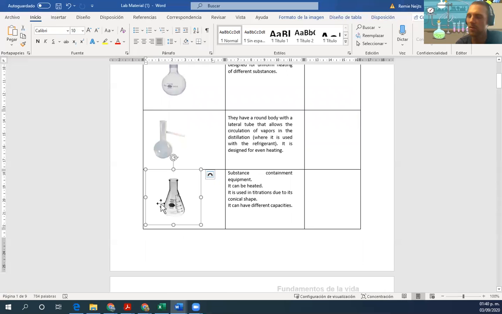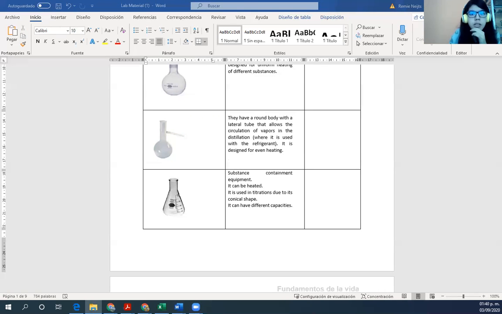Okay, then this one, the third one, it has two names, even three names sometimes. How would you call this one, Maria Fernanda? Me? Yeah. Oh, there are too many Fernandas, so I didn't know.